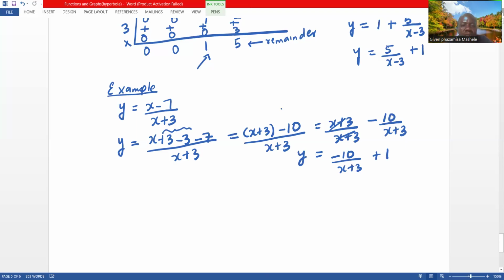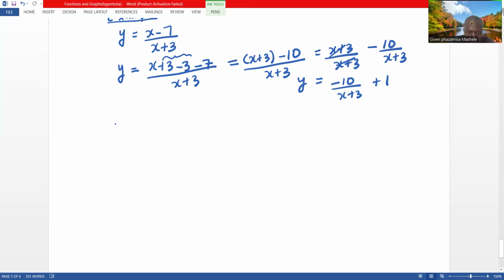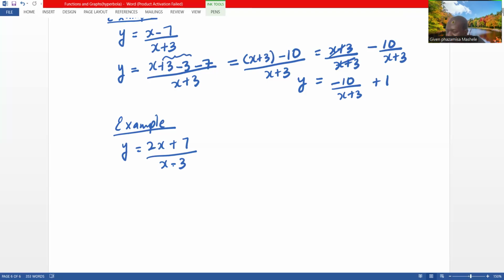But now, imagine when we have this. This time around we have y equals 2x plus 7 over x minus 3. So it means we're going to write this twice.